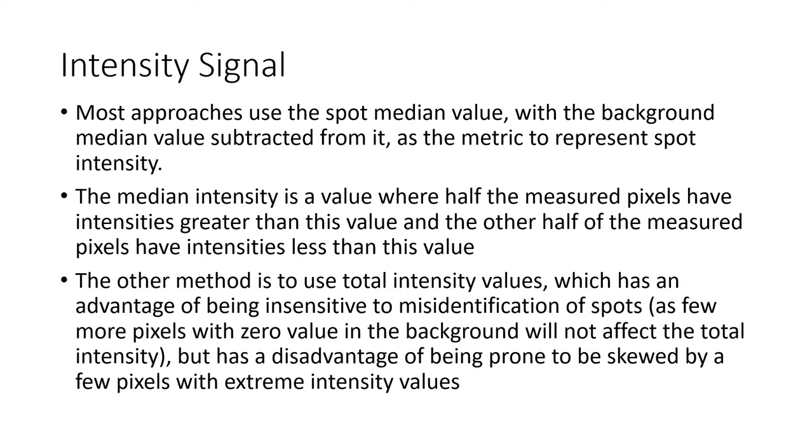There may be minor differences, but they are not important, so we can take this method also. But it also has the disadvantage of being prone to being skewed by a few pixels with extreme intensity values. It may happen that a few pixels have extreme intensity values, so those may be discarded.